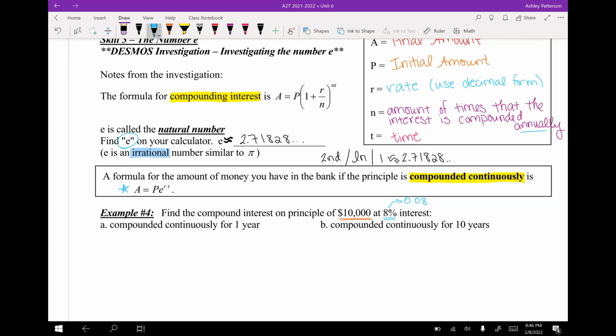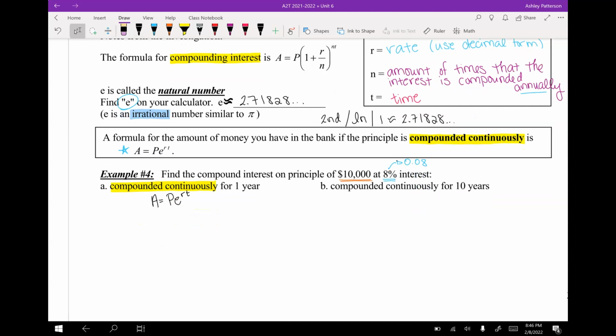Okay, so we know that since it says compounded continuously, we're going to use A equals P times e raised to the RT power. We know that the initial amount was $10,000.